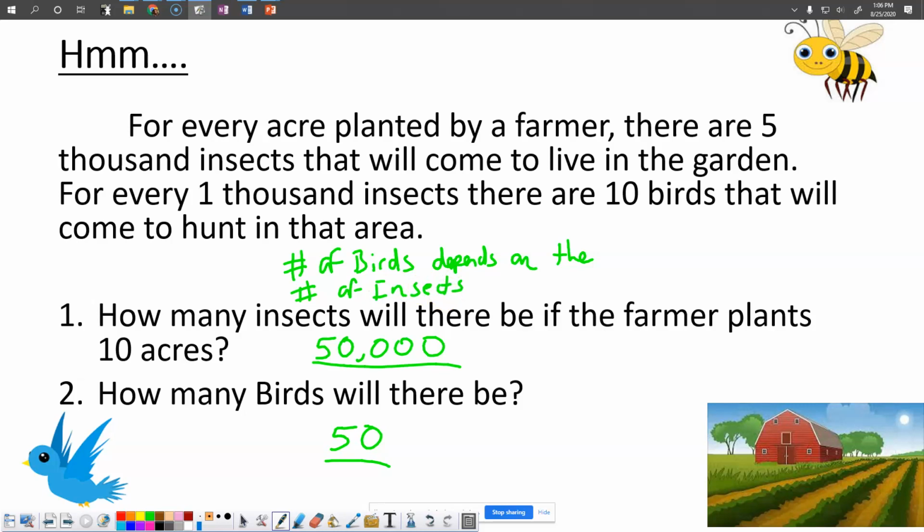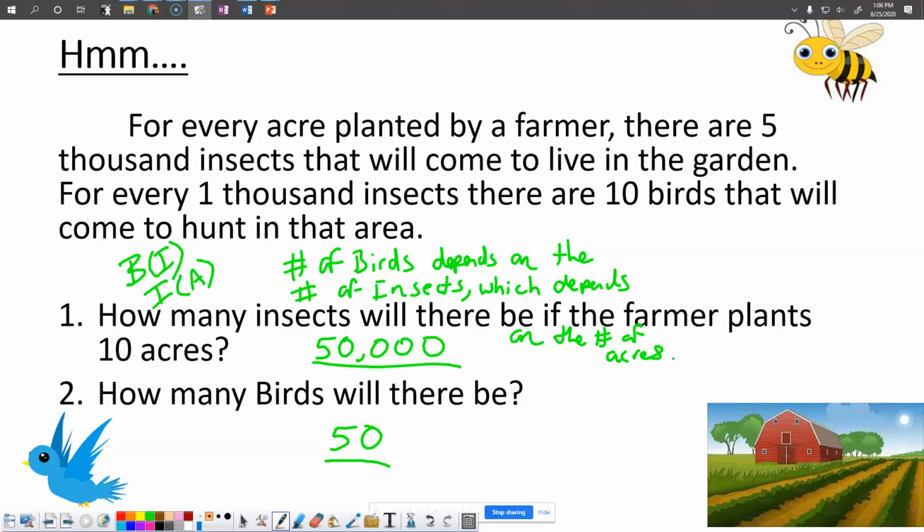And the number of insects depends on the number of acres. So the number of birds depends on the number of insects, which depends on the number of acres. Okay, so this is function language here. The number of birds depends on the number of insects, and the number of insects depends on the number of acres, right?